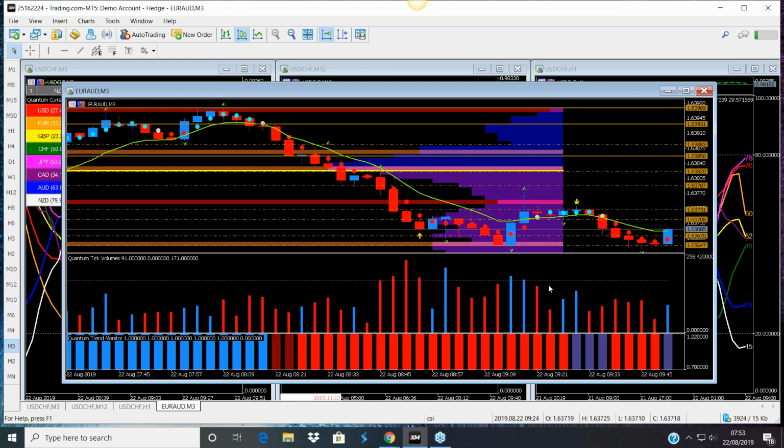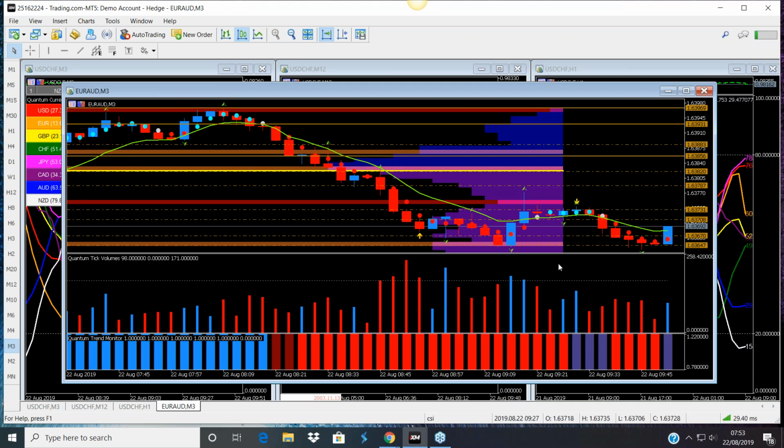We've seen this move start really at 6 o'clock this morning, and it's been a great move in the Euro Aussie for all sorts of different reasons, technical reasons, fundamental reasons. We're now coming up to the London Open, and we're also coming up to a piece of vital fundamental news. But even if we didn't have the news and the London Open goes through, this is a cross pair anyway.